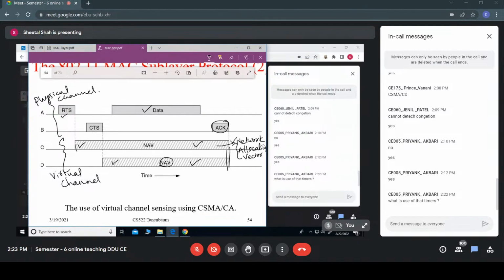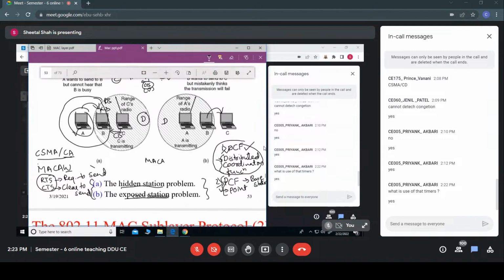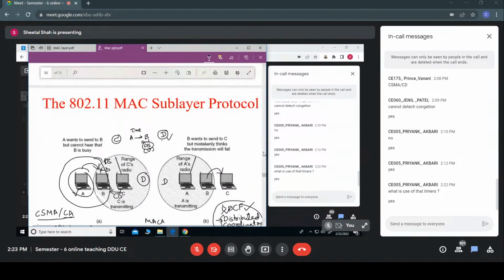It will find that the channel is free, isn't it? And it may start transmitting at the same time, and there would be a collision. Yes or no? You can see that A is transmitting the data, isn't it? But D cannot sense it because it is away from A.